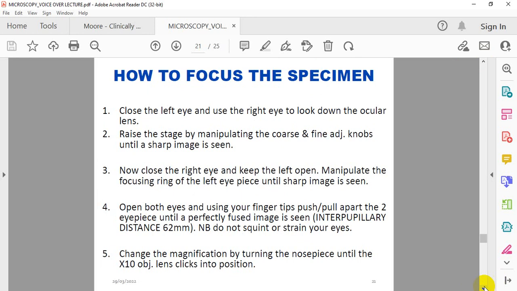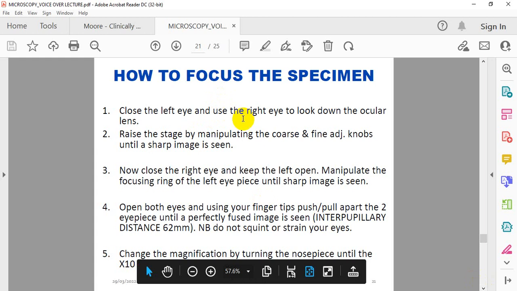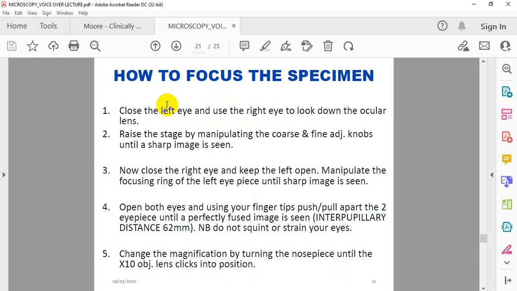How to focus the specimen, very important. Close the left eye and use the right eye to look down the eyepiece lens. Raise the stage by manipulating the coarse and fine adjustment knobs until a sharp image is seen.